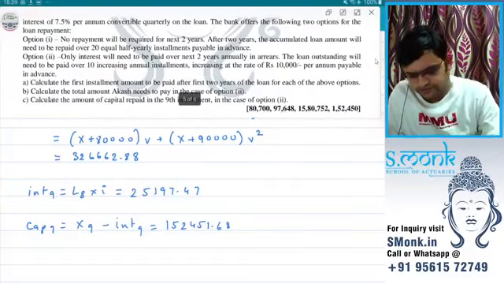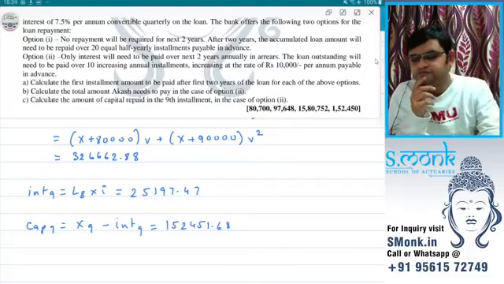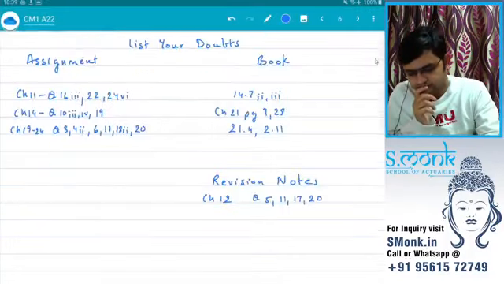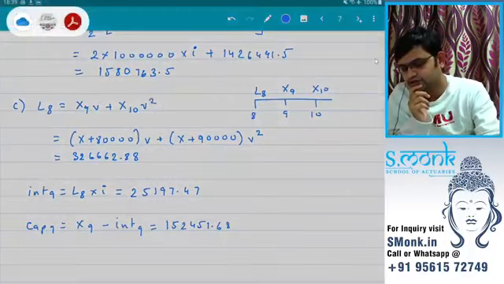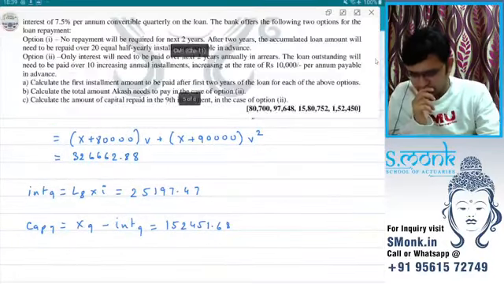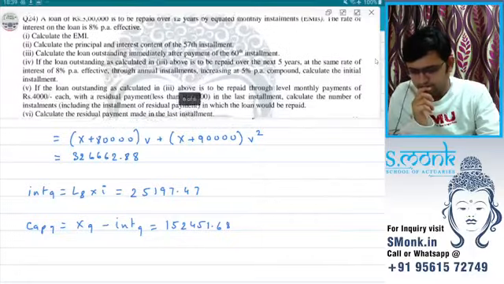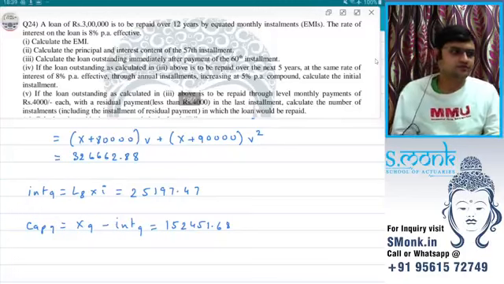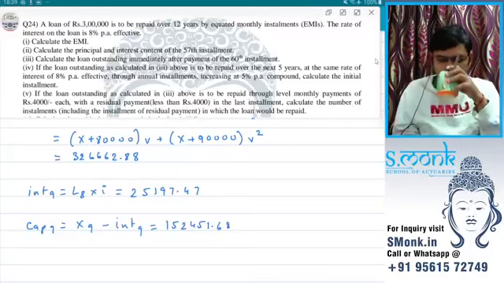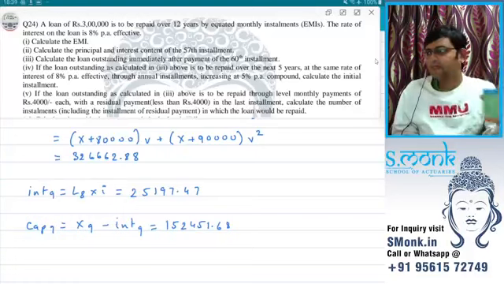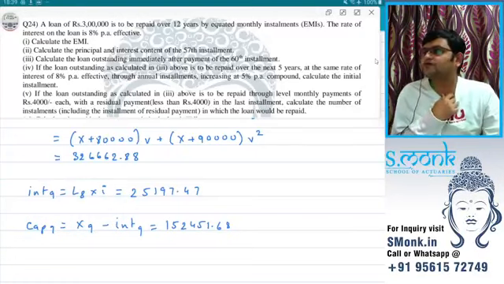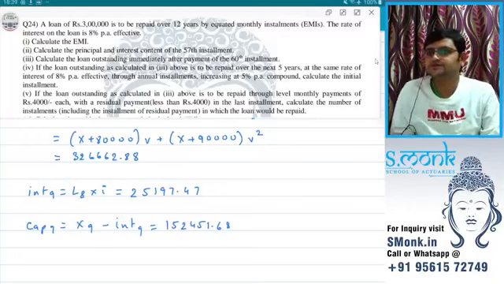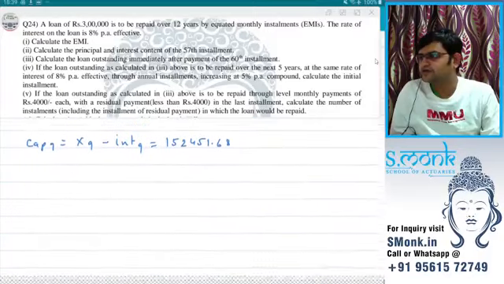Okay. Question 24, fourth part. So if your loan of 3 lakh is to be paid over 12 years by equated monthly installments, the rate of interest on the loan is 8% per annum effective.